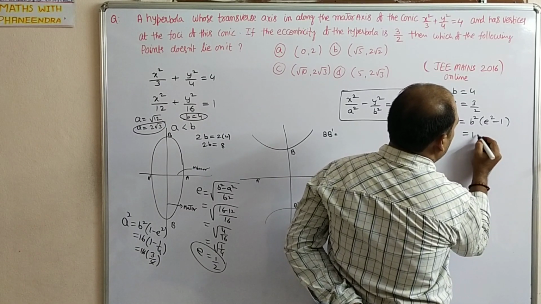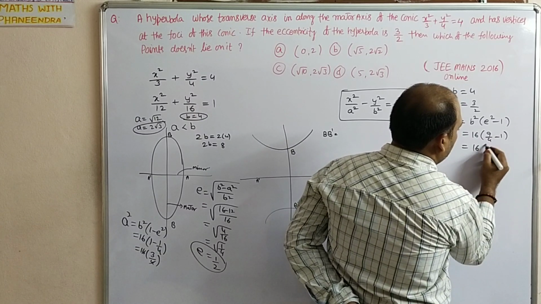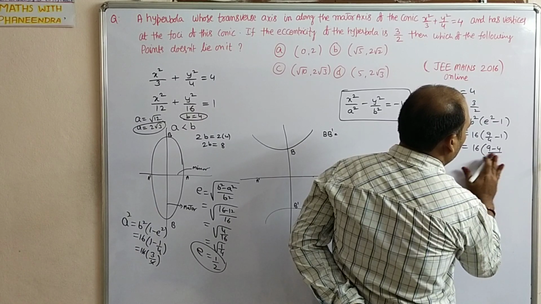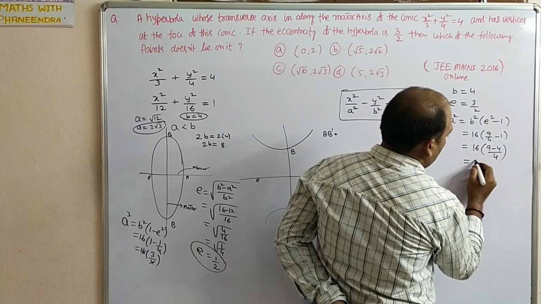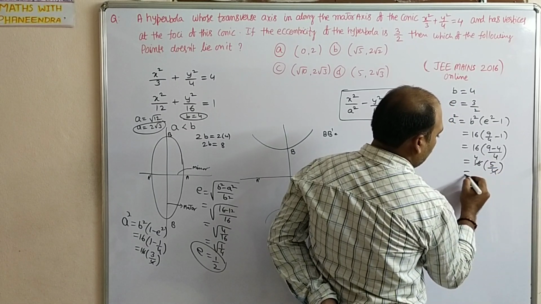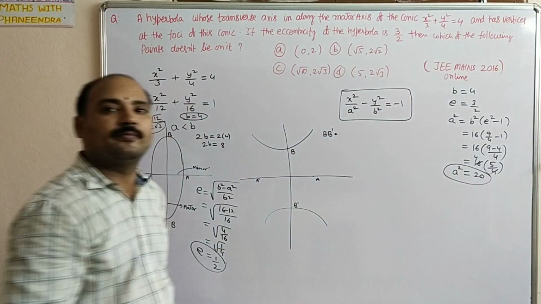So b square 16 into e square 9 by 4 minus 1. 16 into (9 minus 4) by 4. So 16 into 5 by 4. 4 fours are 16. So a square value is 20.